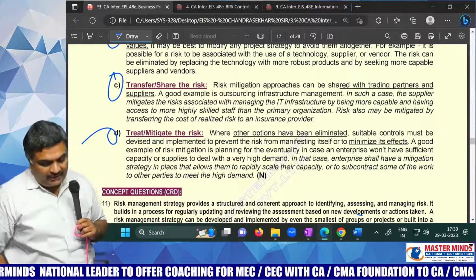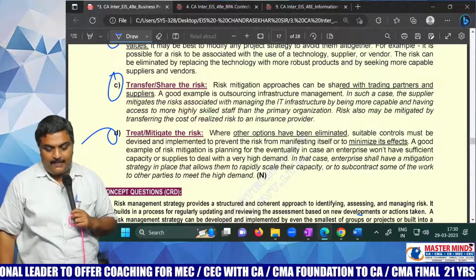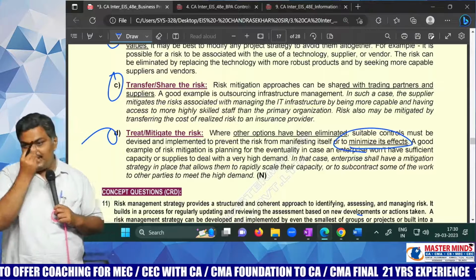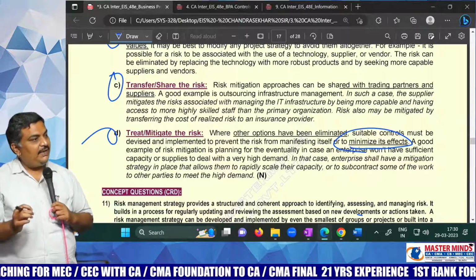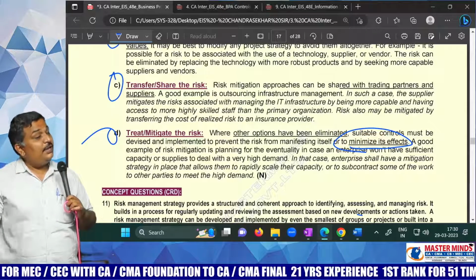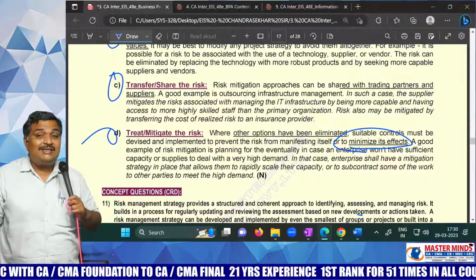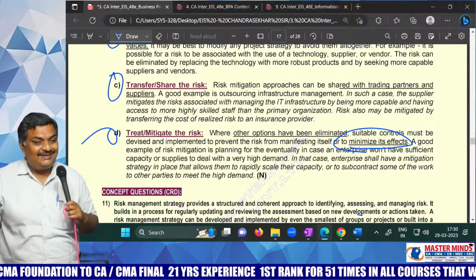So that kind of strategy is called treating or mitigating the risk. That means you will try to minimize its effects. Some effects will be there, but not many effects. Then you may ask me, sir, why don't you totally remove that risk? Babu, some risks, according to their nature, cannot be totally eliminated.